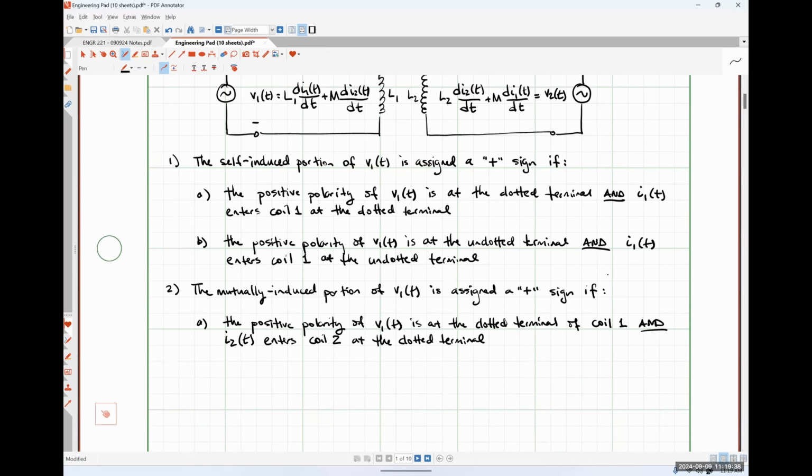We have a second condition for a plus sign as well, which is effectively just the exact opposite situation.